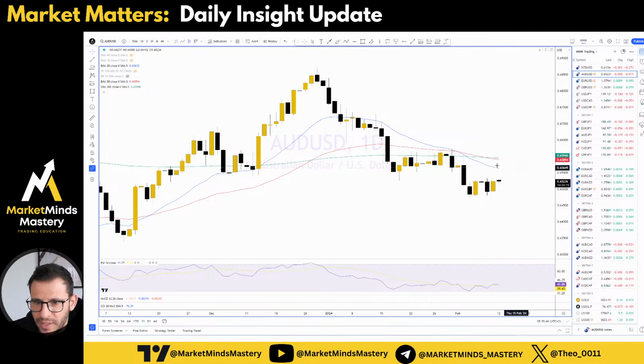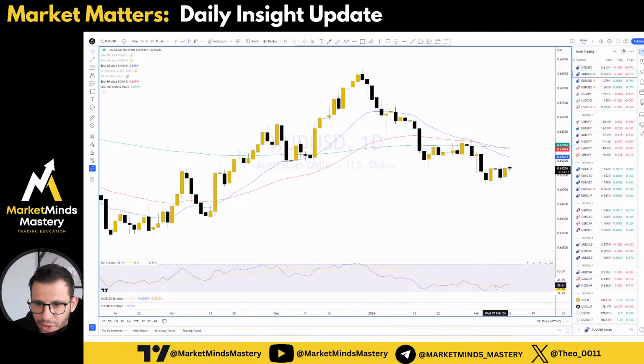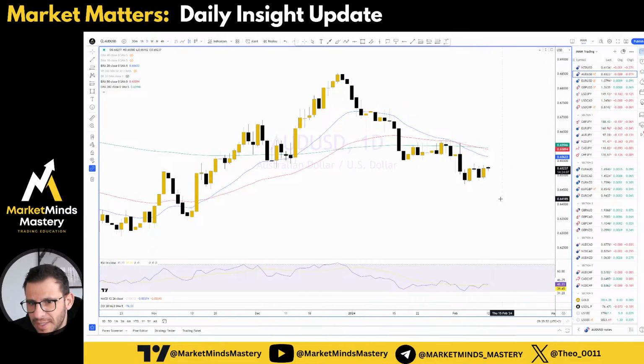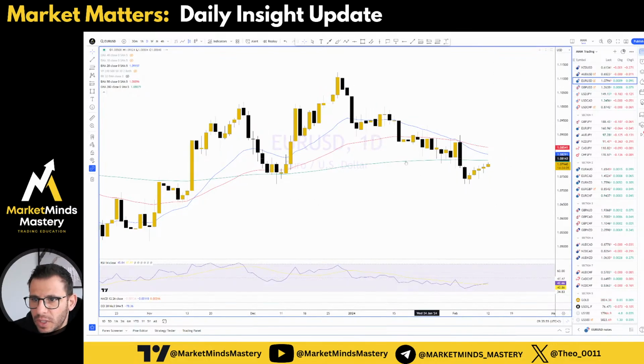So based on the indicators, the market is bearish. The RSI is under 50, and that's also bearish. We just need to find some ways to get involved.